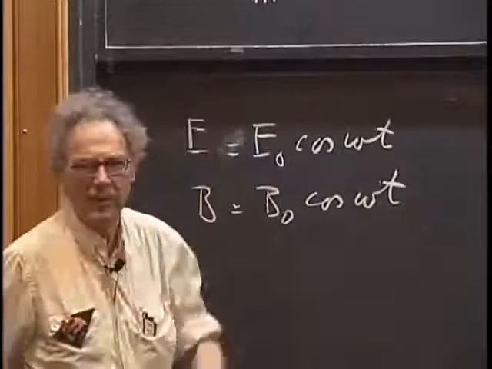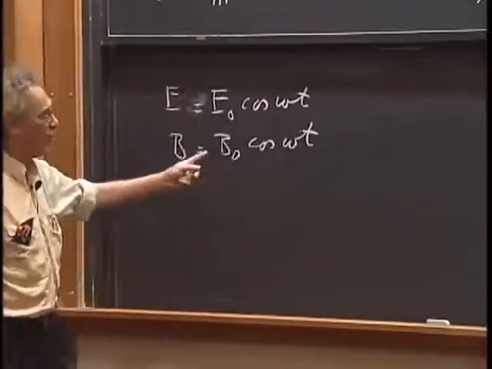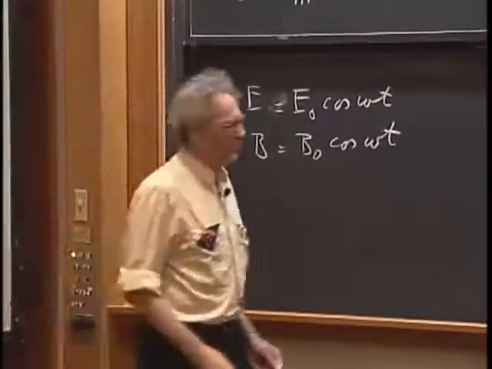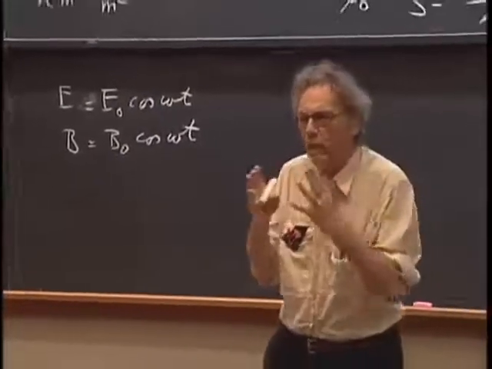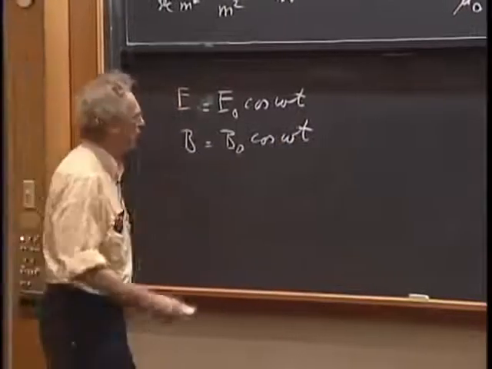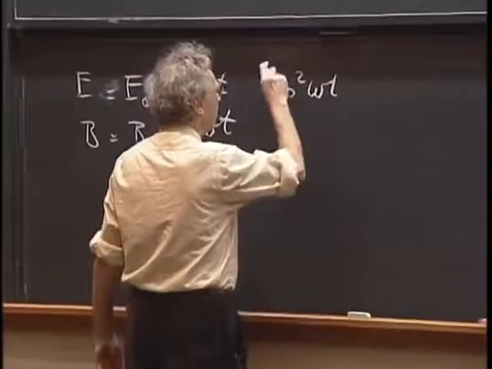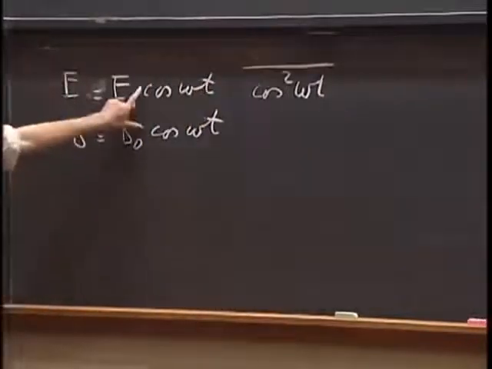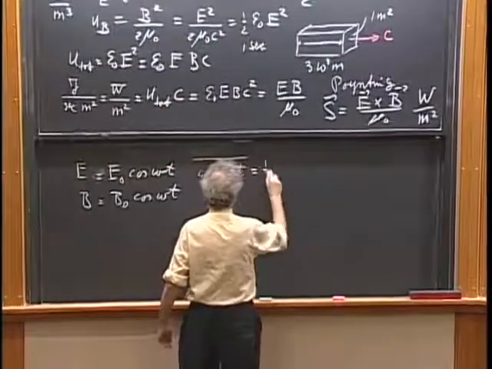So in the Poynting vector, you get the cosine squared of omega t. But since we're never interested in the Poynting vector on a timescale smaller than the period of oscillations, we want to know the average over many oscillations. What matters there is the average value of cosine squared omega t, and that is 1/2.